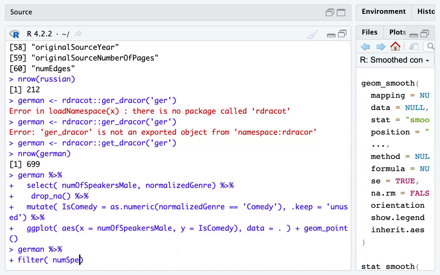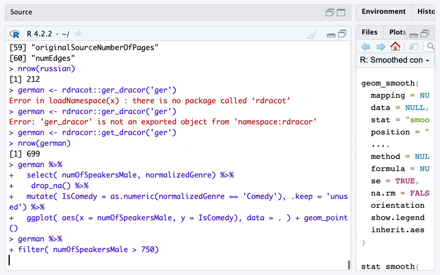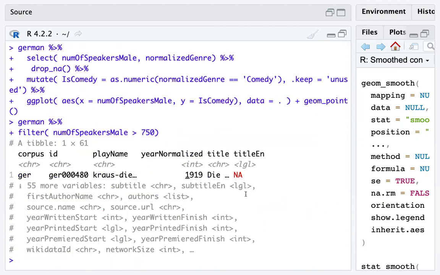number of speakers, sorry, is greater than 70. I don't know what it's called, call names.